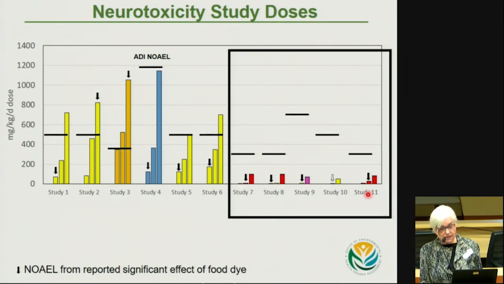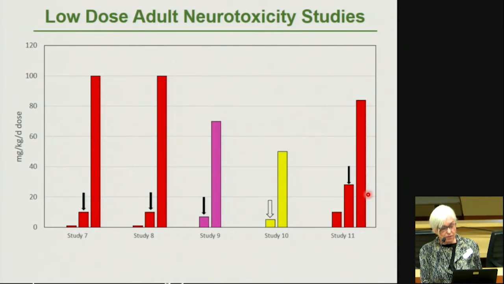It's a little difficult to see these last studies, so here they are blown up, showing NOELs in adult neurotoxicity studies that are below 20 milligrams per kilogram per day, all of them, except this one. This one is not a NOEL because an effect was found at the lowest dose, so it's a LOEL. We don't know what the NOEL is.